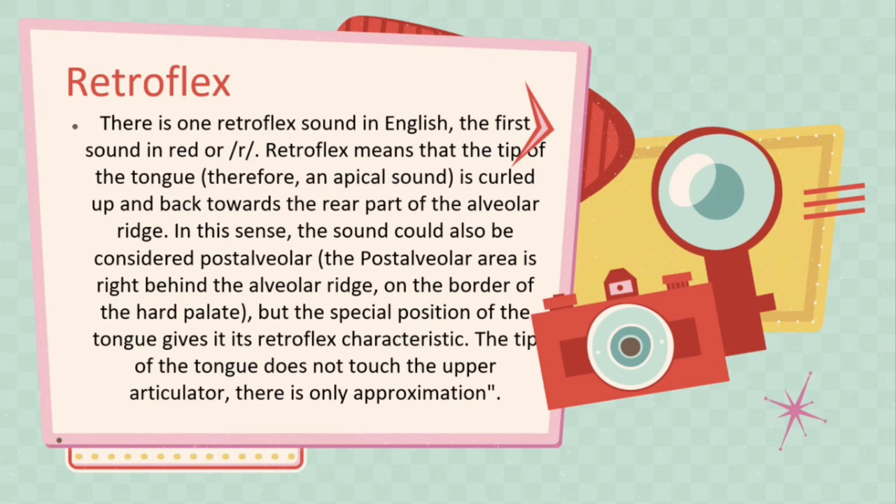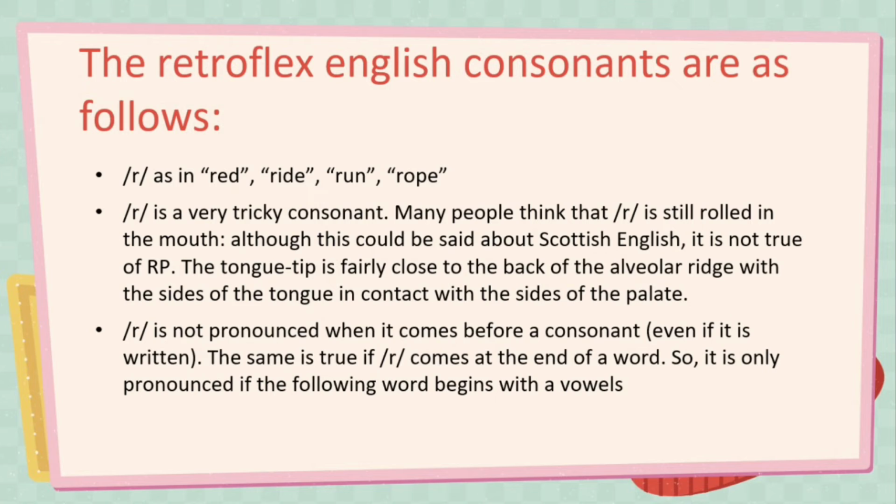There is only approximation. The retroflex English consonant is as follows: r, r, as in red, ride, run, rope. R is a very tricky consonant.